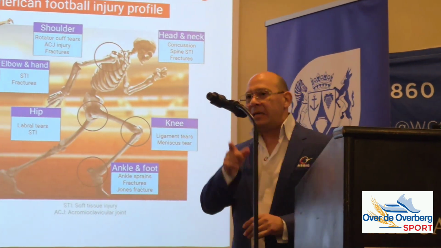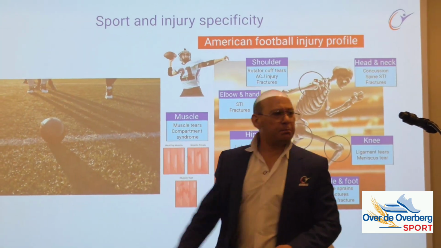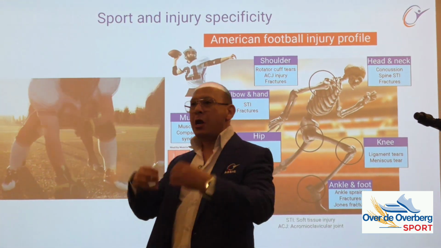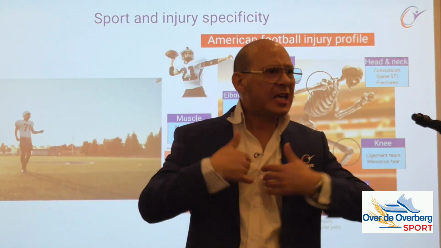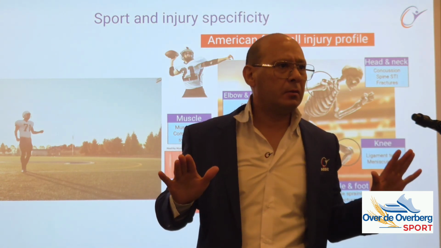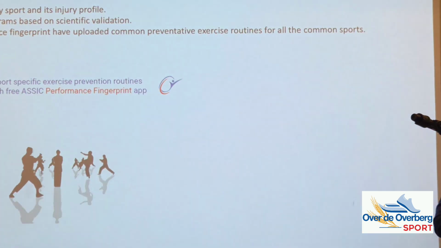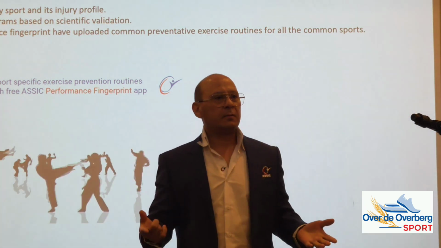So the point I'm making is that just like in Gum, every sport will have a specific load of injuries. Every sport. We know that. We scientists, we know that. Okay? But what you have to do is that you have to do preventative exercises.